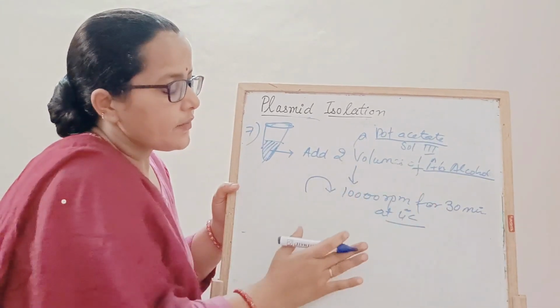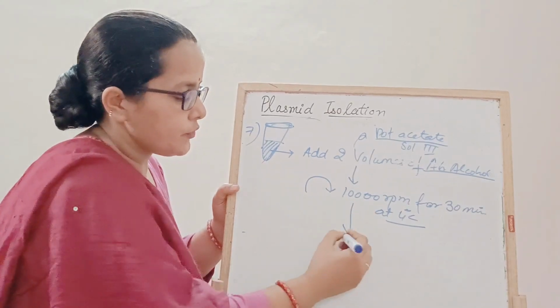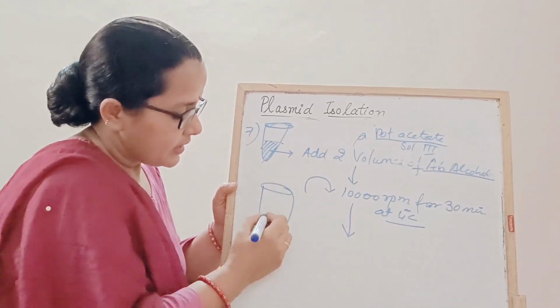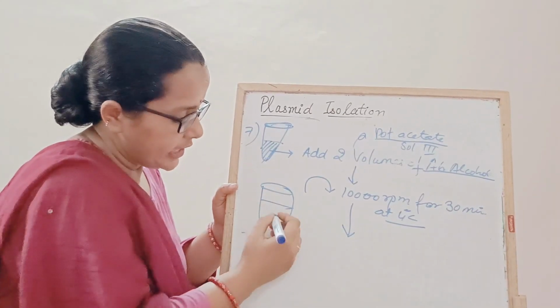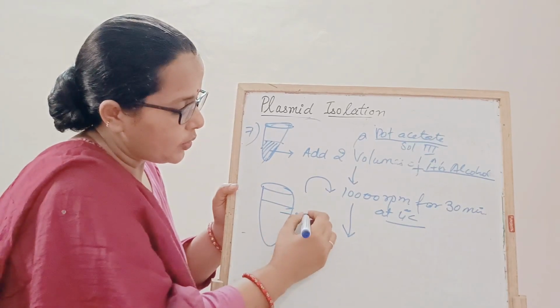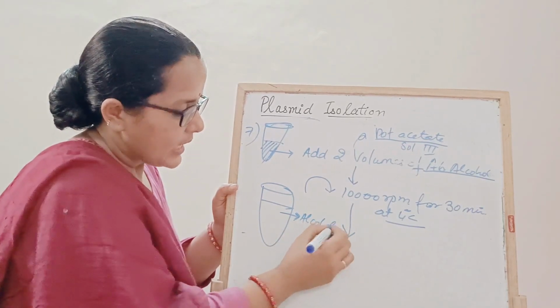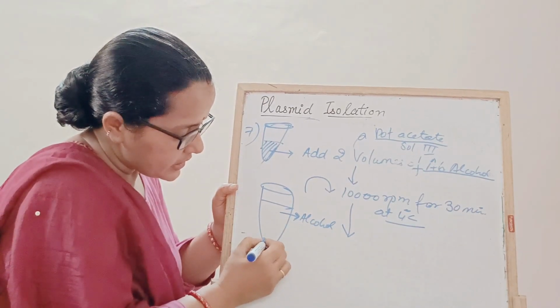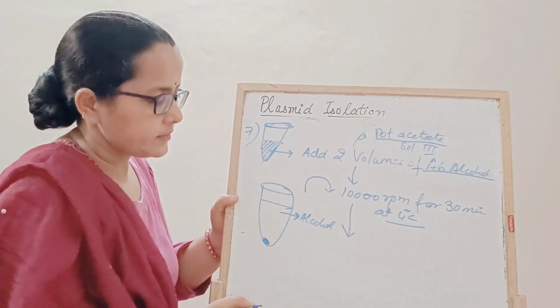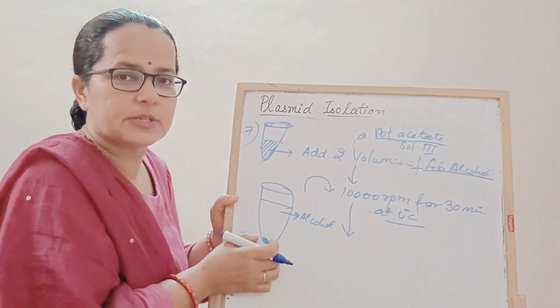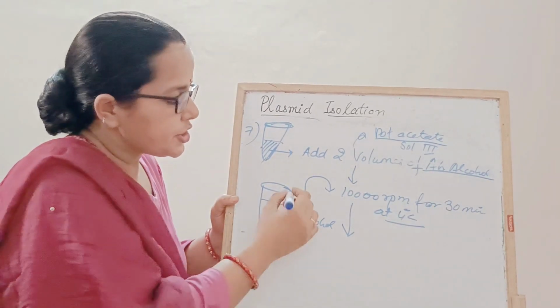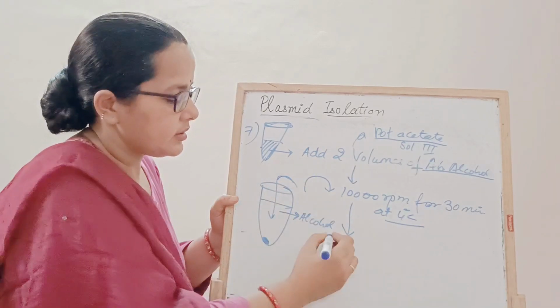Now once you have done centrifugation, what will you see? You will see this is your liquid, this is your alcohol, and you will see a white precipitate here. Now just remove this alcohol.